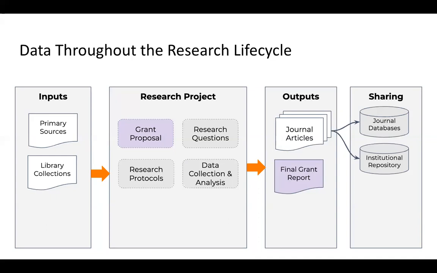And our research project includes elements such as a grant proposal, research questions, our methods, and then collecting data and performing our analysis. And this leads to the publication of reports or journal articles, which are then shared in institutional repositories and available from databases like PubMed, which just enables the cycle to continue.